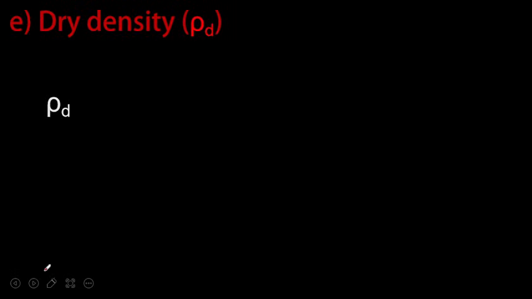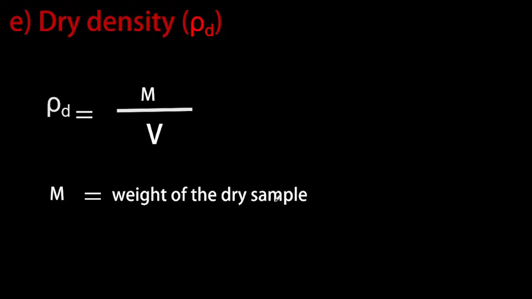Next is the dry density. So the dry density can be defined as the density of the dry sample. So mathematically, it is given as mass over volume. The difference between the dry density formula and the bulk density formula is that m stands for weight of the dry sample, not weight of the wet sample.